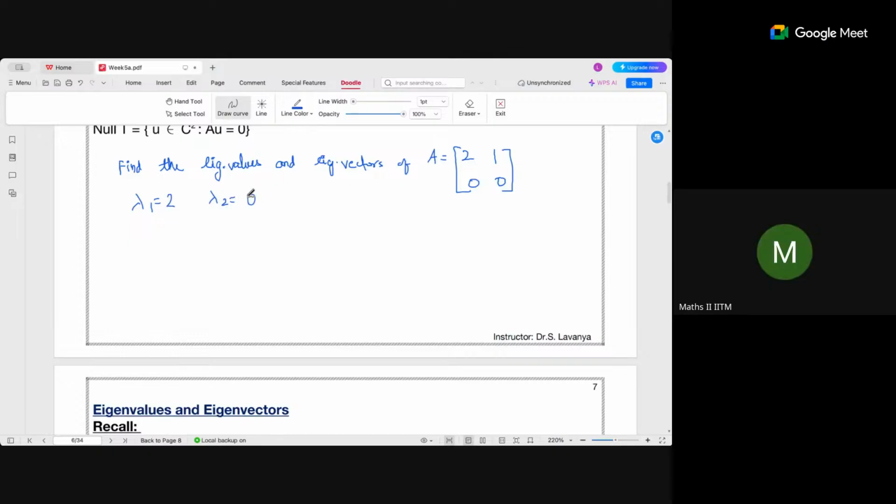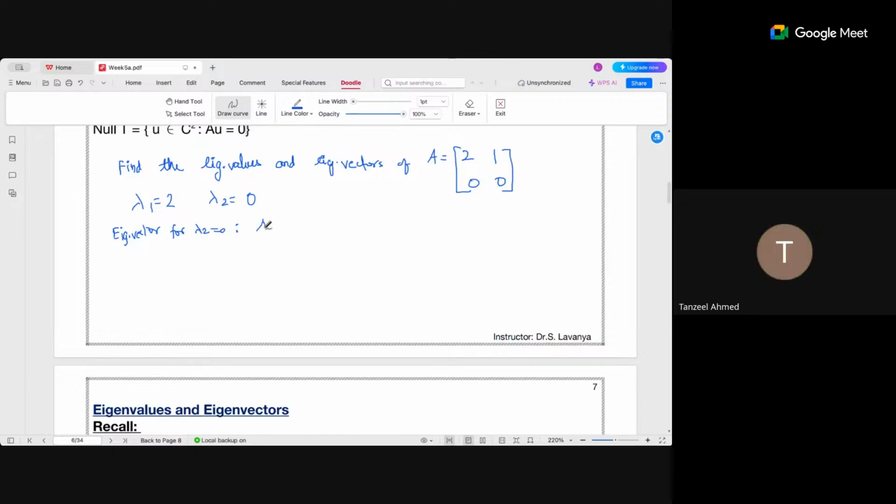The lambda 1 equal to 2 part I will let you compute by yourself. I want you to specifically compute the eigenvectors corresponding to 0 now. Can you do this part for lambda 2 equal to 0?